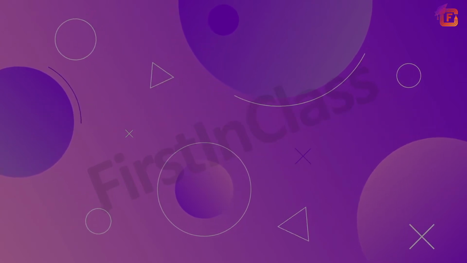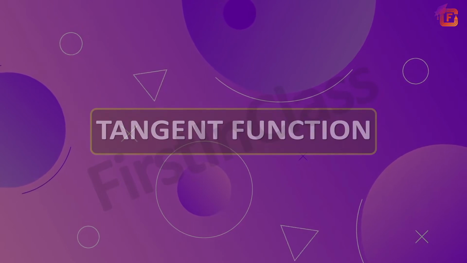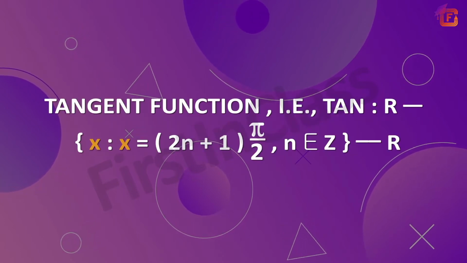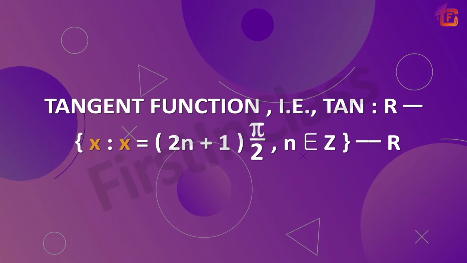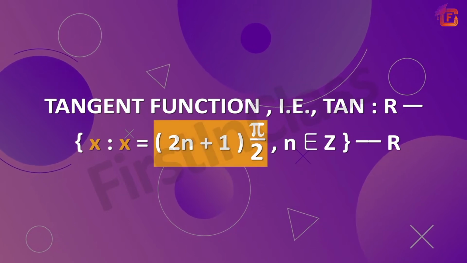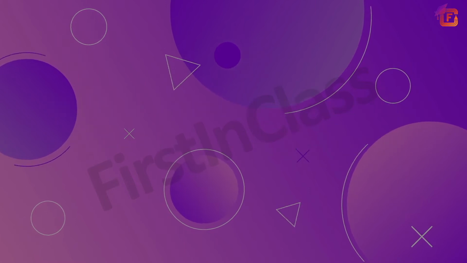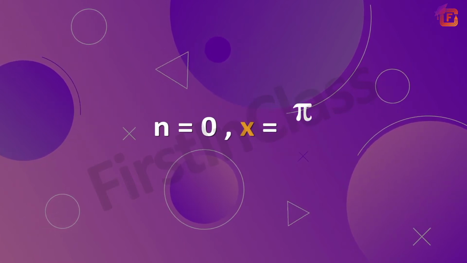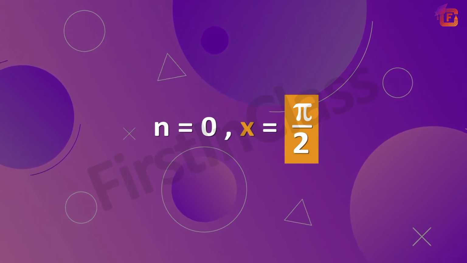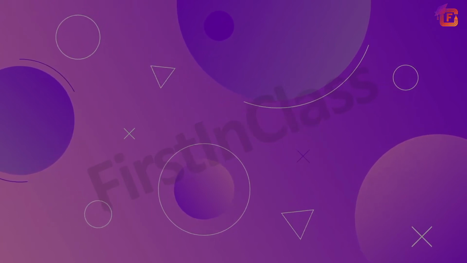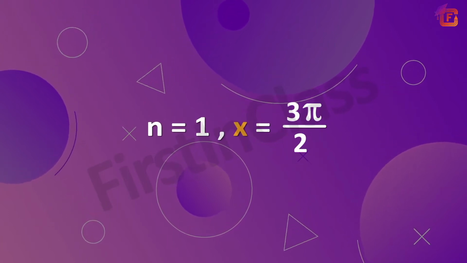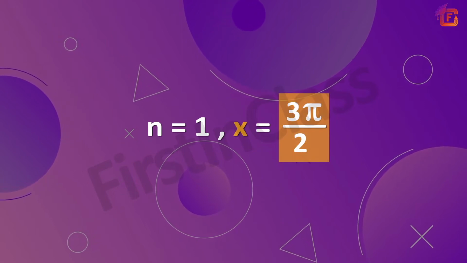Learners, let us move to the tangent function. The domain of the tangent function is all real numbers except the values (2n+1)π/2, where n is any integer. If we put n as 0, then x will be π/2. If we put n equals 1, then x will be 3π/2.